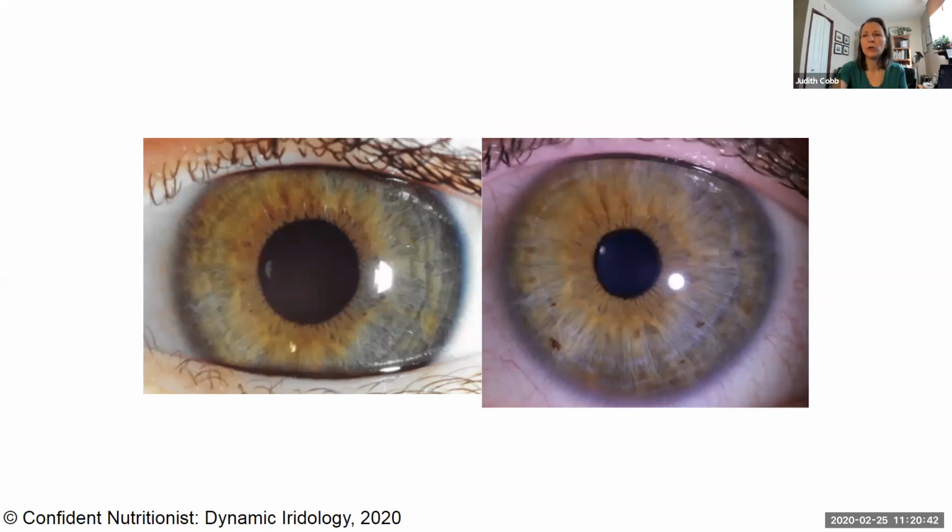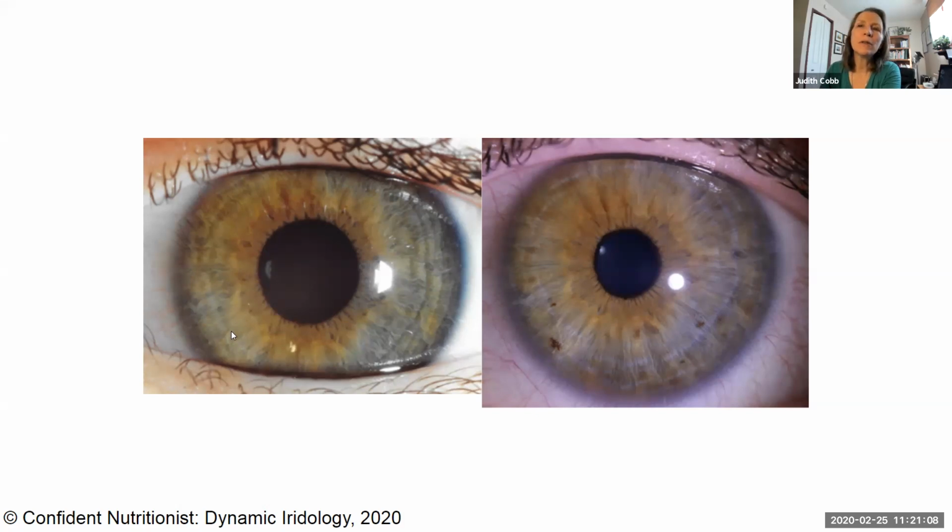This is another set of eyes from the same person. So older camera, light was not quite as bright. So what we have here is a larger pupil. So let's try to find some markings that will prove that this is actually the same eye as the next one we're going to look at. Let's start with looking at this fiber that is veering off sideways. So for those of you on Zoom with us, let's look at this fiber.